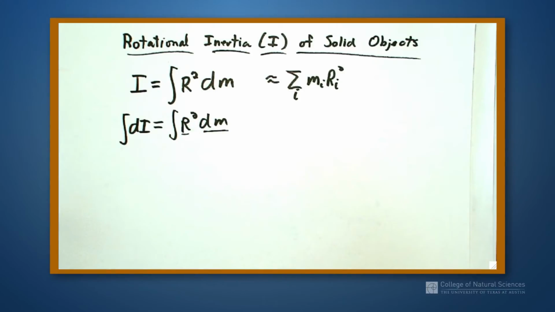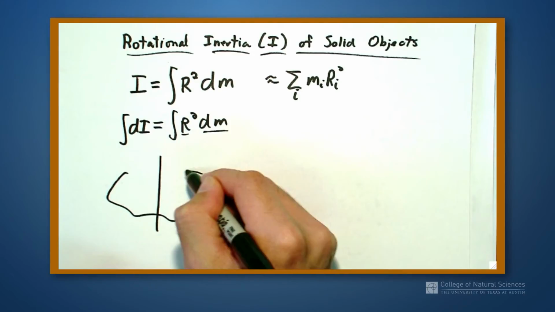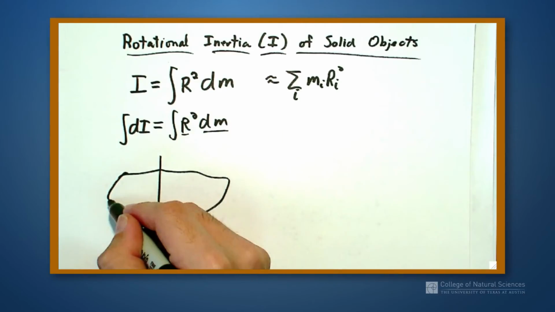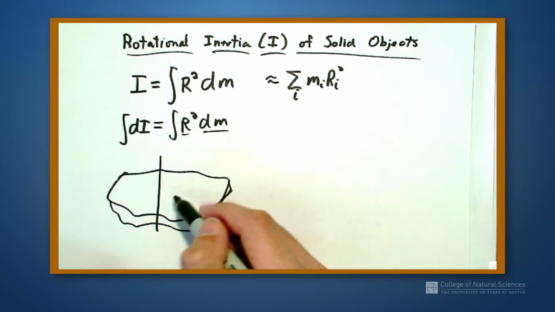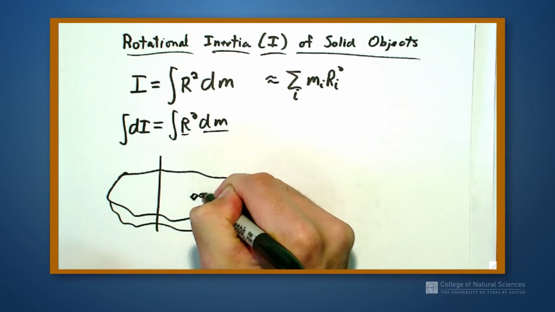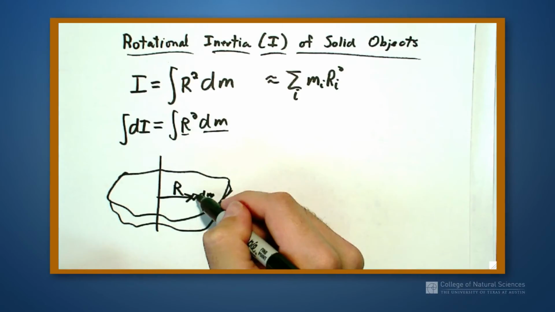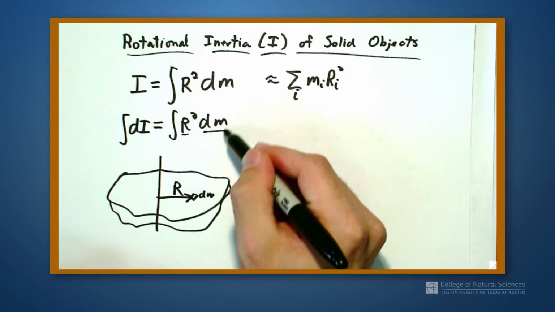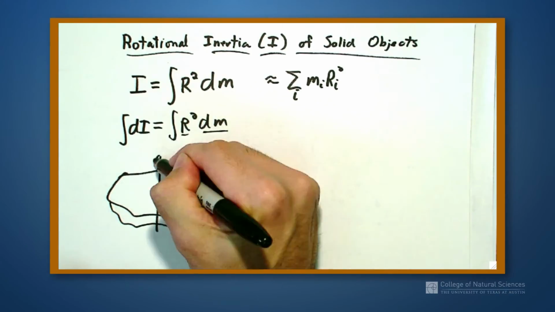If I have some weird-shaped three-dimensional object, looking something like this, I need to figure out where my little dm is and its radius out, and then figure out how to go through and add up all my little dm's. For a shape like this, it's going to be very difficult.